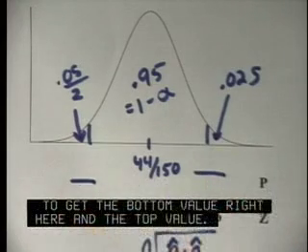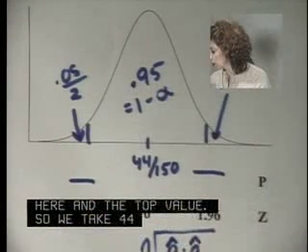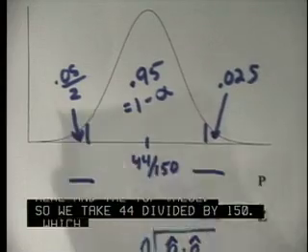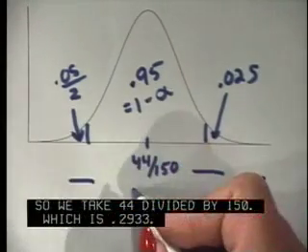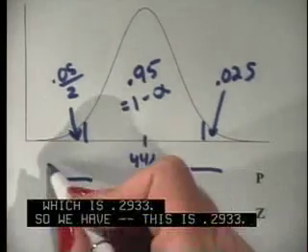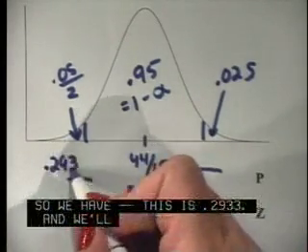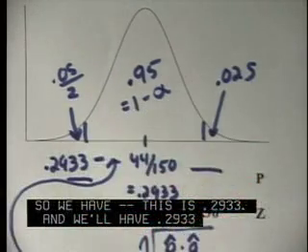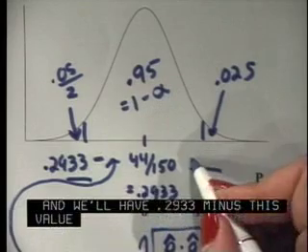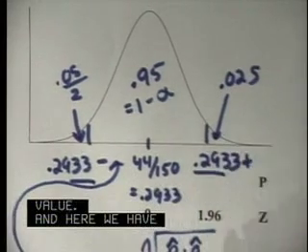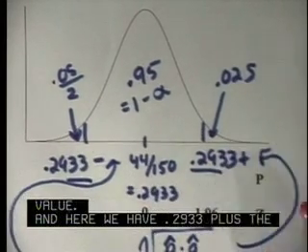So we take 44 divided by 150, which is 0.2933. We'll have 0.2933 minus this value, and here we have 0.2933 plus the value, the error bound for p.